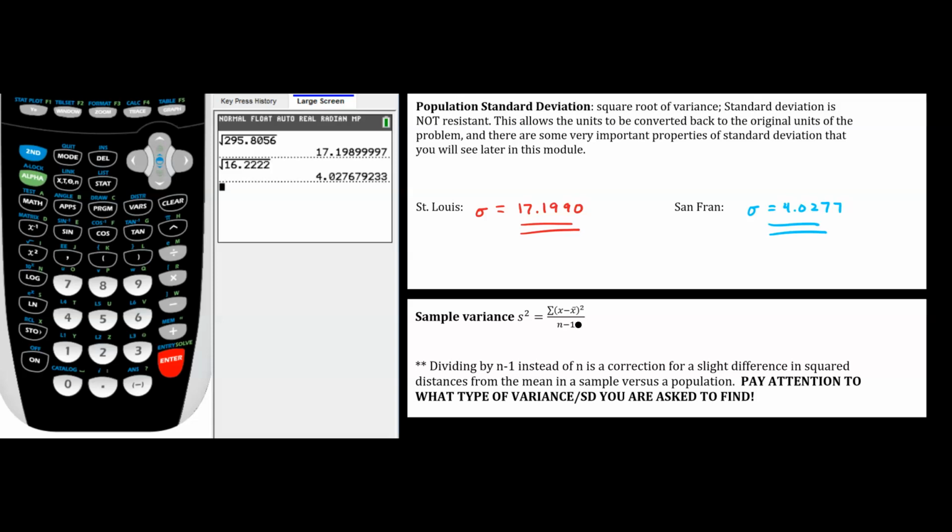So you can check that out, and if there's a sample variance, then you'll also have a sample standard deviation. And the sample standard deviation is going to have the symbol just s. So we have to try to keep these things organized and pay close attention to what we're going to be asked for, because you will get slightly different answers for your sample variances and sample standard deviations when compared to the population variances and population standard deviations.